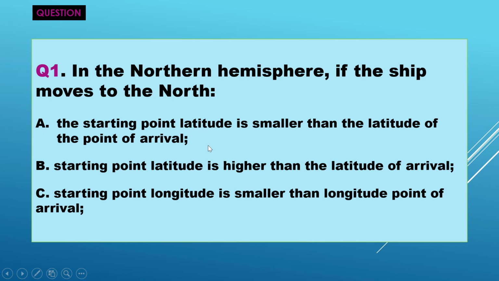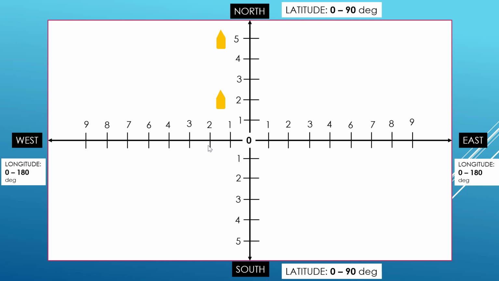And to know the correct answer, with the diagram, in the northern hemisphere, you are going to the north. So you already have a small degree, which is 2 degrees, as your latitude.